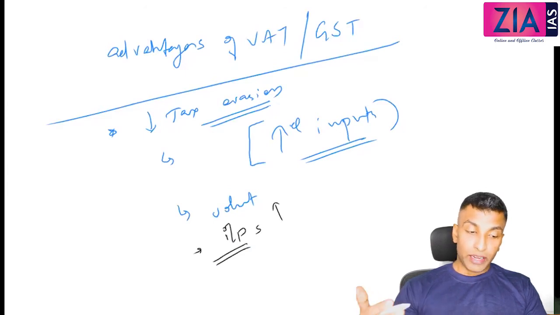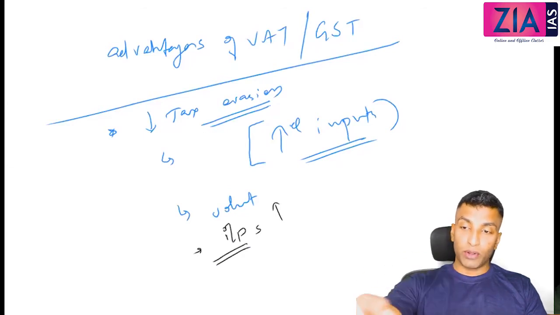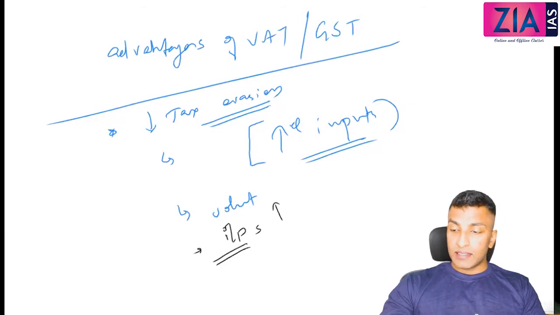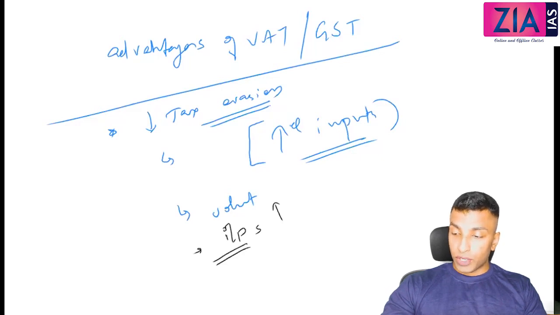Because it will reduce their own tax liability. If the input is already taxed, then you just need to pay on value addition only. Otherwise, once you complete your product, you need to pay on the complete output, because the input is not already taxed. So it will encourage the firms to purchase inputs from those firms which already paid tax. So that is another case.